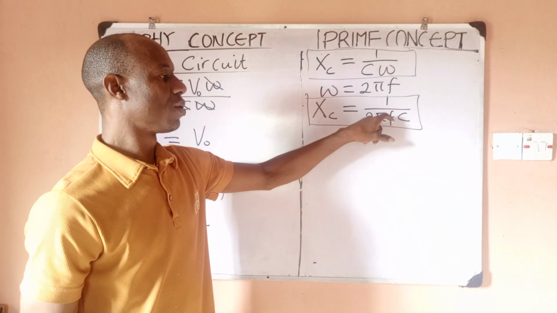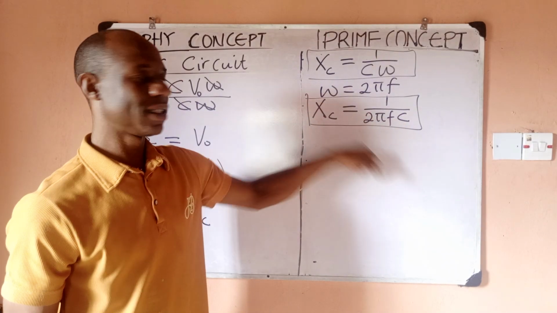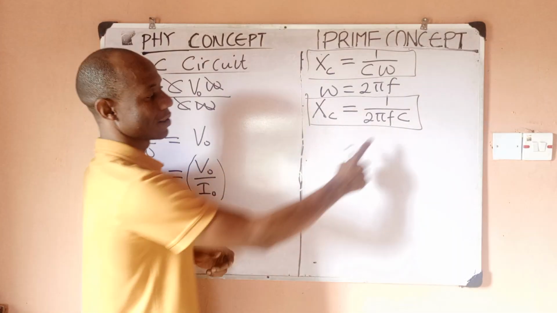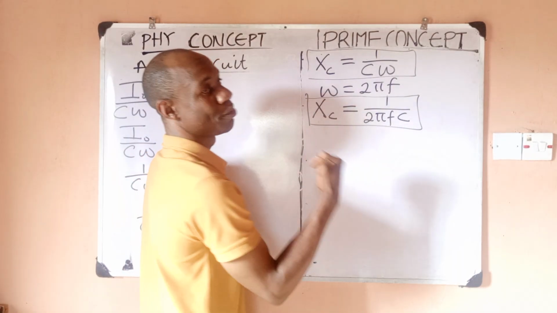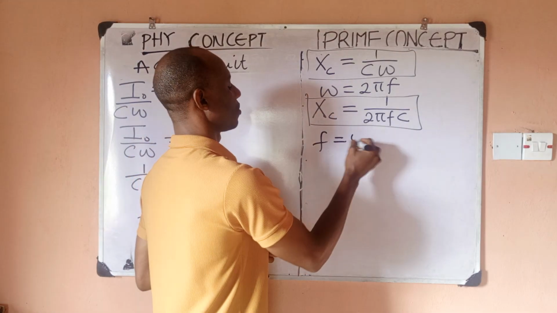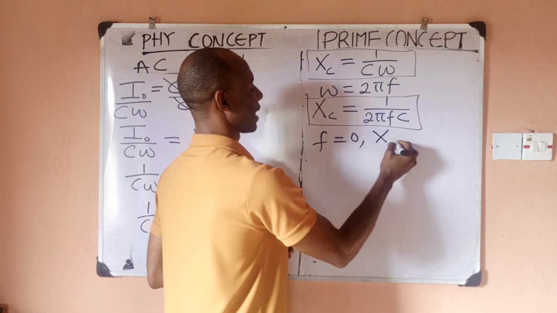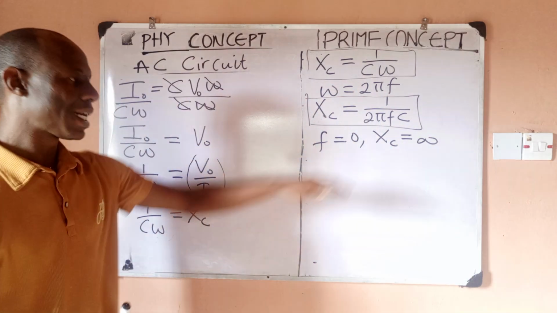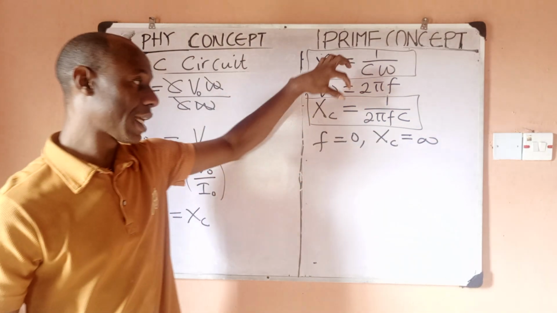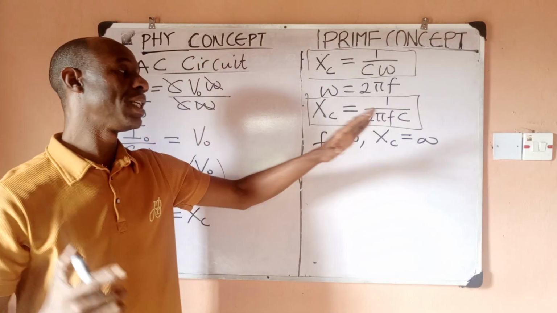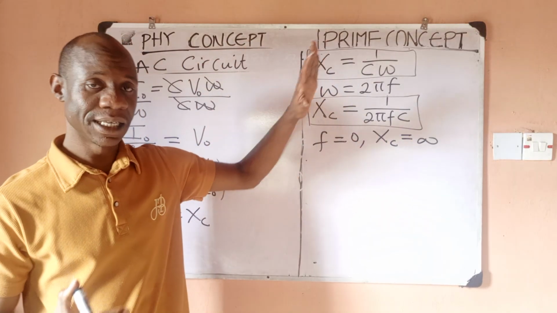When you increase the frequency, you decrease the capacitive reactance. So that when the frequency becomes 0, at the point where f becomes 0, then you would have that XC becomes what? Infinite. So under this condition, you say that this purely capacitive circuit would now begin to behave as a DC circuit.